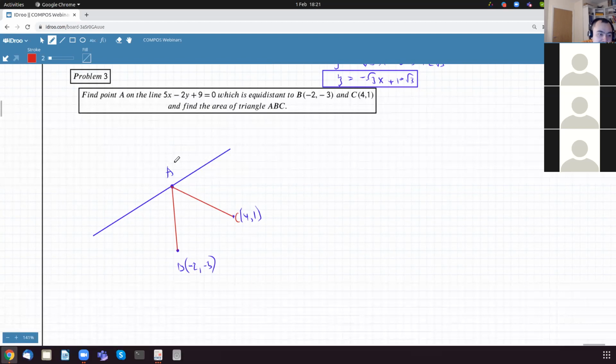Okay, let's say that A has coordinates x and y. We can just write it down.